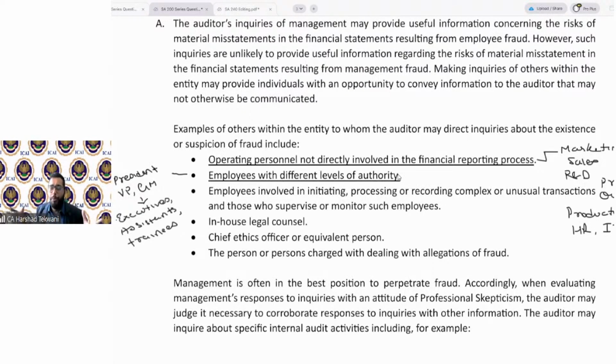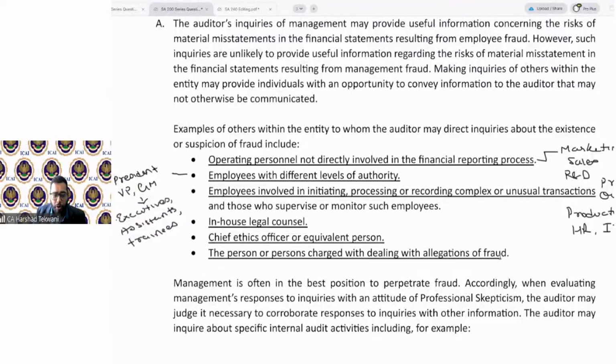So, reaching out to employees with different authority and level. Employees involved in initiating, processing, or recording complex or unusual transactions. In-house legal counsel, chief ethics officer or equivalent person, person charged with dealing with the allegation of fraud. These are the people who can guide you or provide you more information.